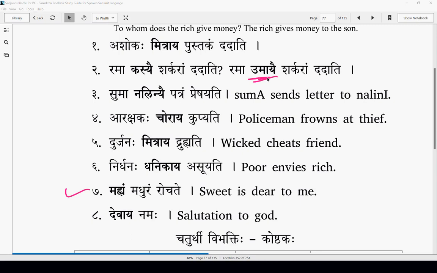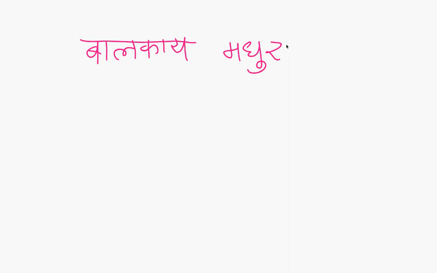Now in Sanskritam, when we translate that, it can be translated like that, but the usage of liking is expressed in a different way here. When we say Balakaya Madhuram Rochate, which is the Kriyapadam here?